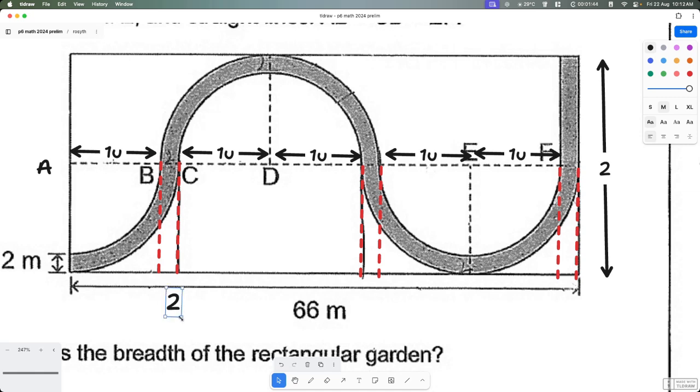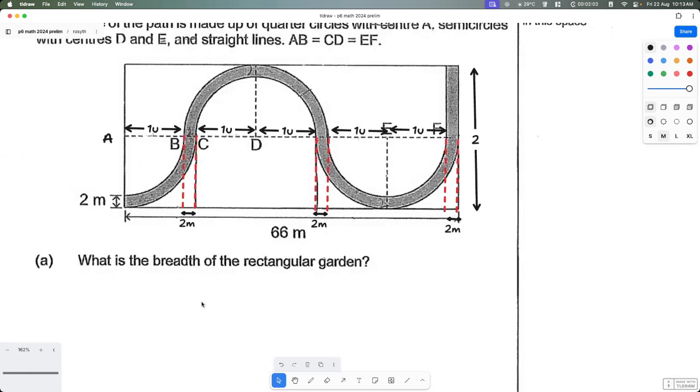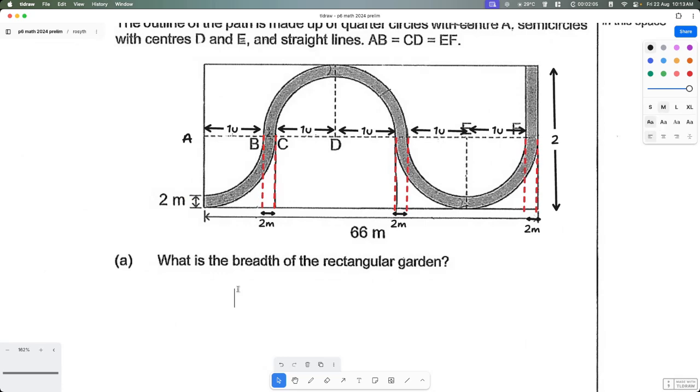Then this is basically 2, really small, so I'm going to put some arrows over here. So this is 2 meters here as well, because these are the paths. 2 meters, 2 meters, and 2 meters. So in essence, there is a total of 5 units, and 66 meters minus these three 2-meter paths.